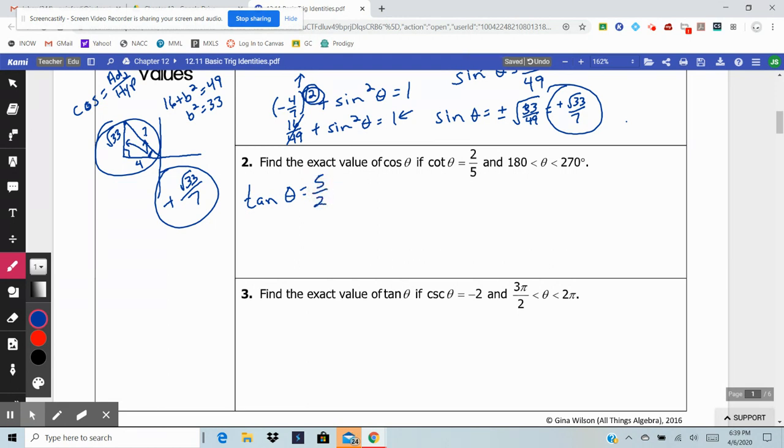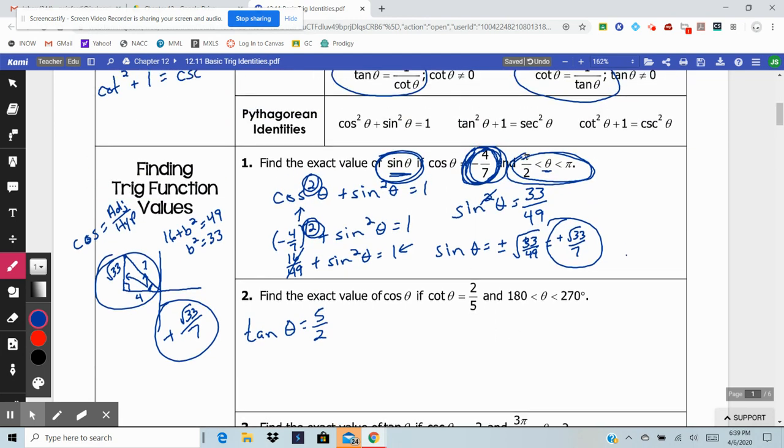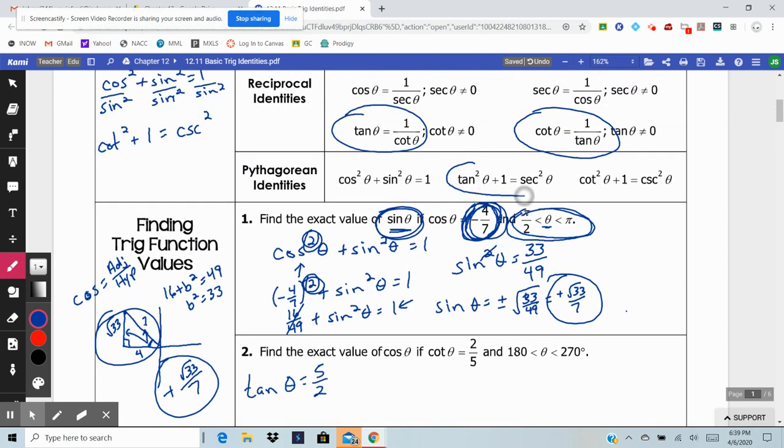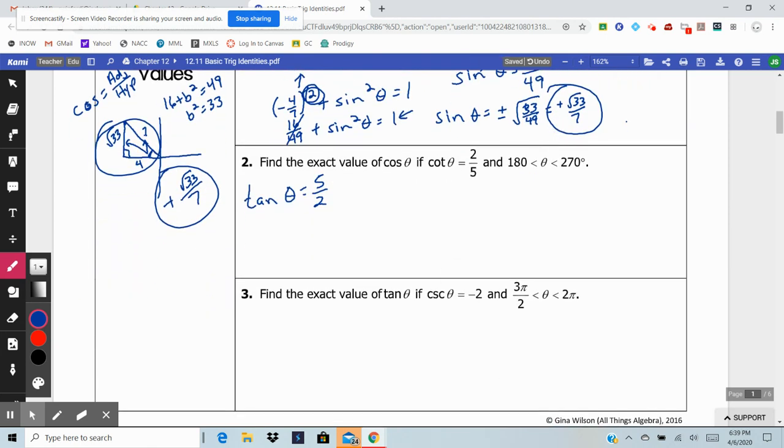And now that I know the tangent is 5/2, I know that tan squared plus 1 is secant squared. So let's go that route. Let me write that down. Tangent squared of an angle plus 1 is equal to the secant squared of the angle.